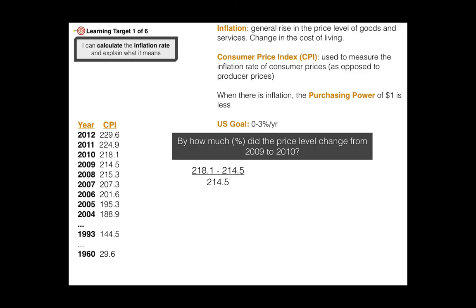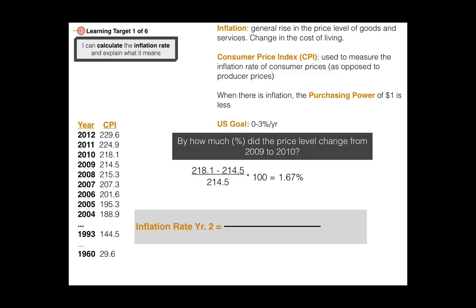Take the CPI from the later year, 2010, which is 218.1, minus the CPI of the earlier year, 2009, which was 214.5, divided by the CPI of the earlier year, 214.5, times 100 to put it in percent form, and we get 1.67%. So the inflation rate in 2010 is 1.67%. There was a rise in the price level from 2009 to 2010 of 1.67%. The cost of living went up 1.67%, however we want to say it.